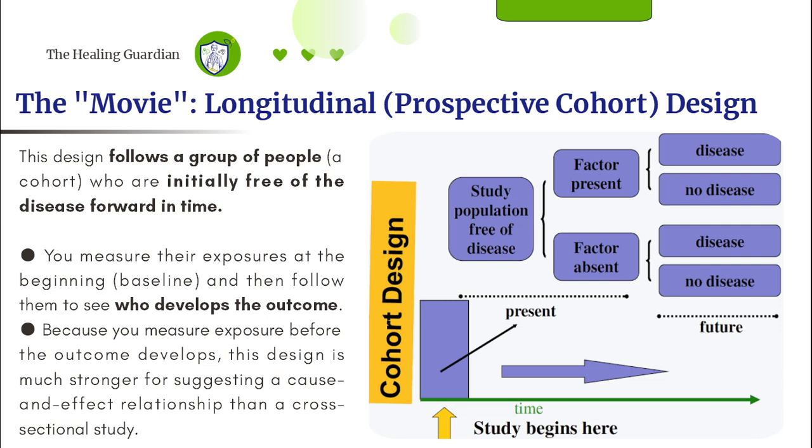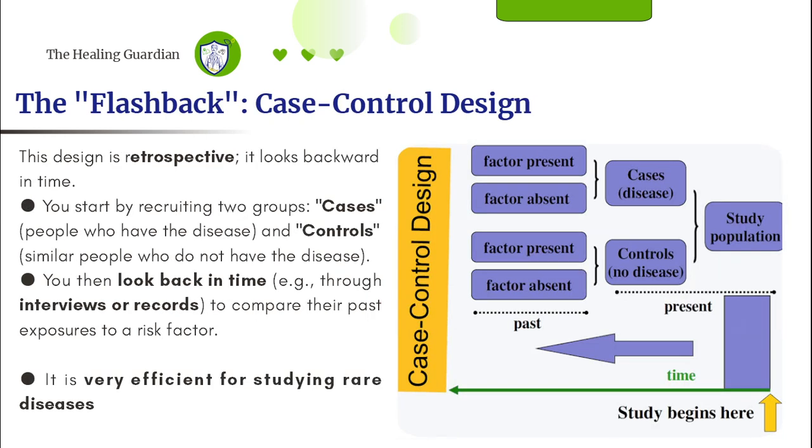In a cross-sectional study, you cannot know at what time the cause and effect happened. You are simply measuring them at the same point in time. So among the observational studies, the prospective cohort is the most ideal for cause and effect relationship.